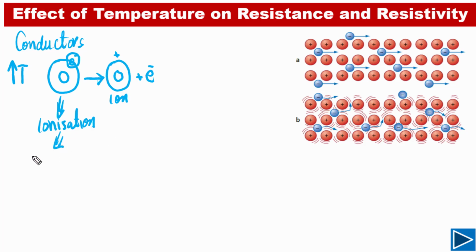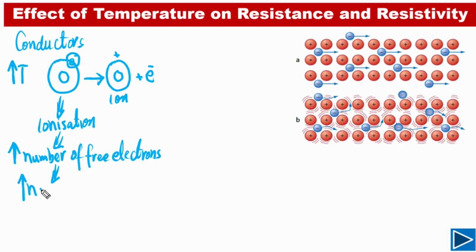Ionization simply means there are more free electrons in the sample. The number of free electrons increases. If the number of free electrons increases, it means the number density increases.